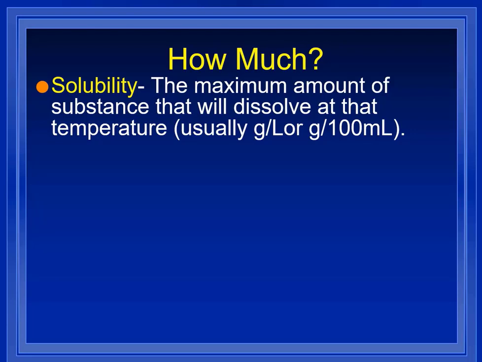Right? I need not just the amount of sugar, but how much stuff I'm pouring it into. So you're always going to have a couple of units. One for how much is dissolved, the grams. The other for how much it's dissolved in, per liter or per 100 milliliters. And it's a number you can look up.